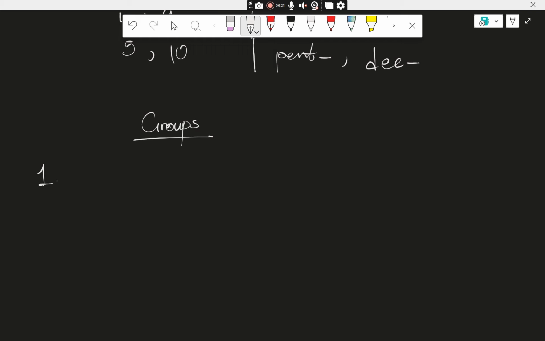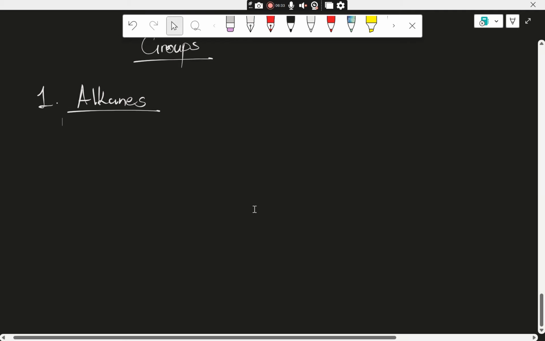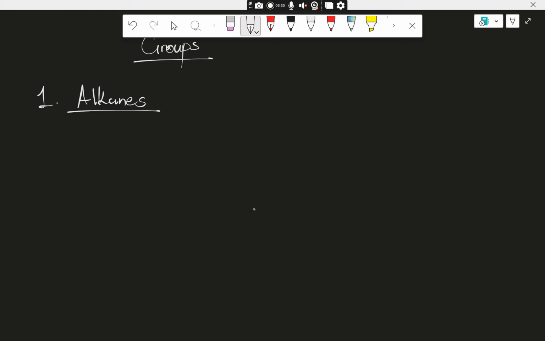Let's start with the first group. The first group of hydrocarbons are called alkanes, because these ones have single bonds. So these are our saturated compounds, saturated hydrocarbons, and we already know what saturated means.